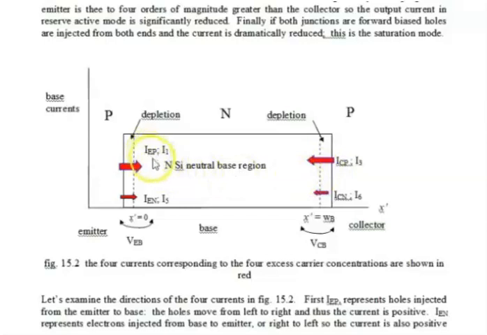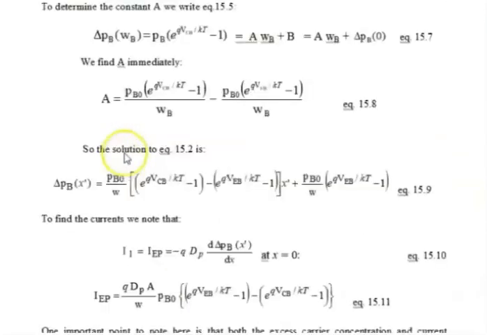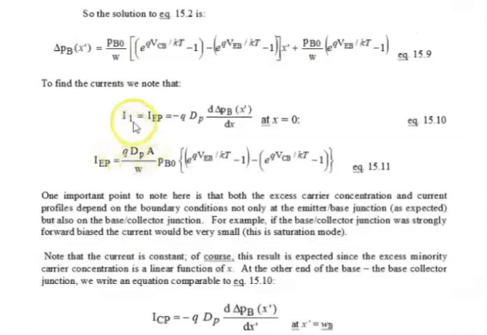When we talk about IEP, we use letters, then we're generally talking about the current at a specific point. Here it doesn't matter in this particular case because the current is constant, so we can use either letters or numbers. And here's the current. We've seen this before, and hopefully that should be relatively familiar.